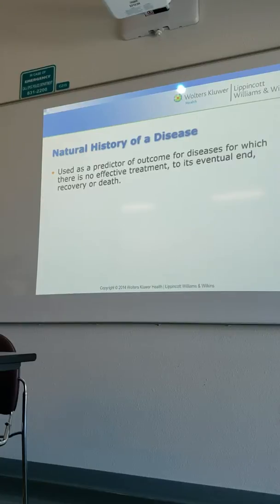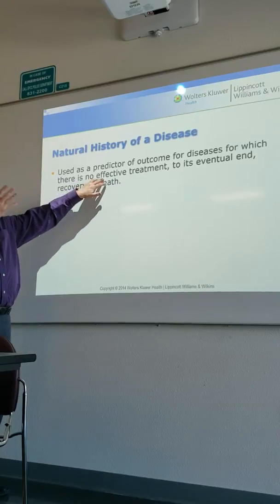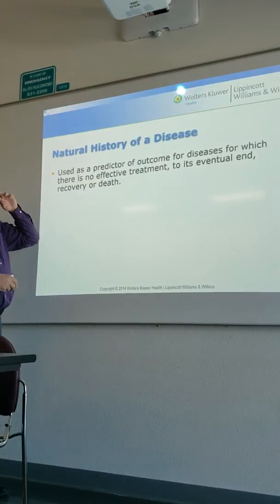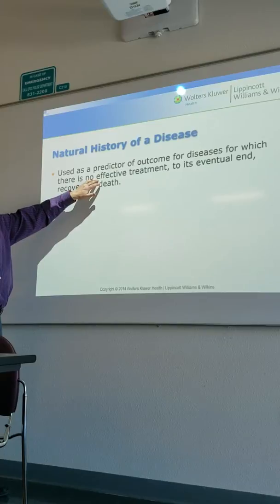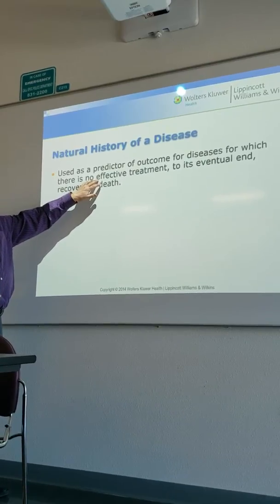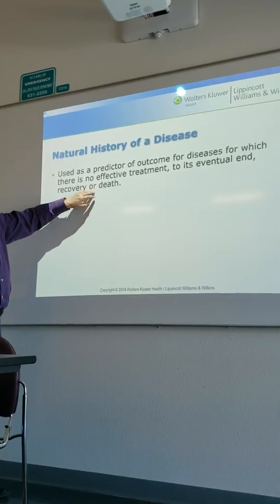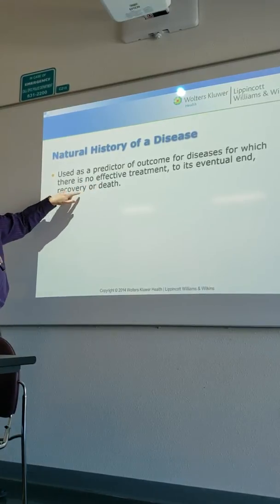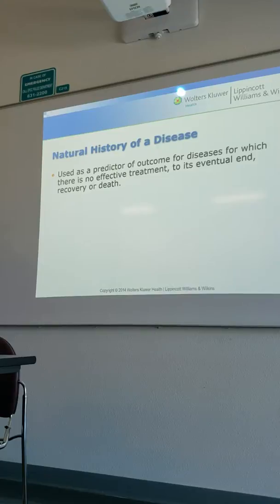How is that disease going to progress naturally over time? Even if you weren't treating it, you would still see its natural progression over time, right? And it's gonna lead to what? Its eventual end, recovery or death. Or what could be another one in there? It could become chronic, right?